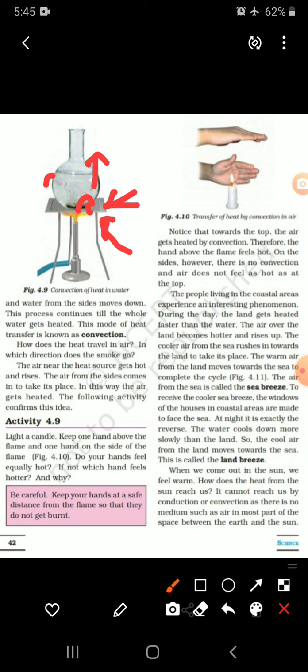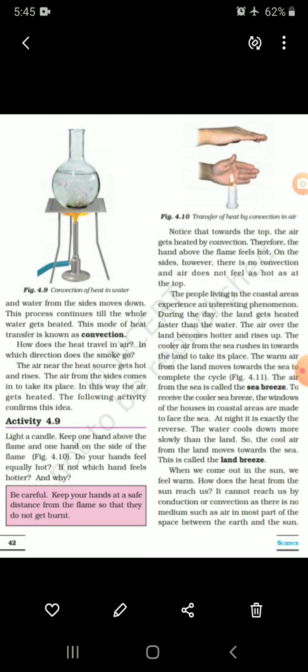The remaining water around the sides of the flask will take the place of the hot water or hot vapors. This process continues till the whole water gets heated. This mode of heat transfer is known as convection, means replacement of the hot water by the cold water.